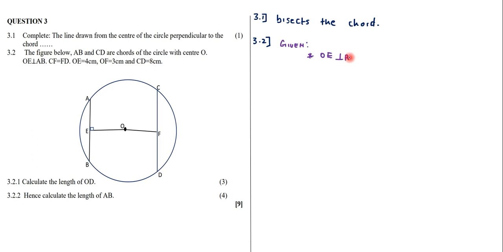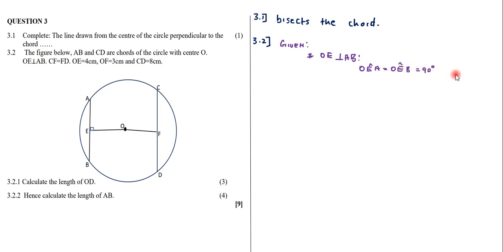If OE is perpendicular to AB, what does that mean when it comes to angles? Basically, it means angle OEA is the same as angle OEB, and both of them are equal to 90 degrees.